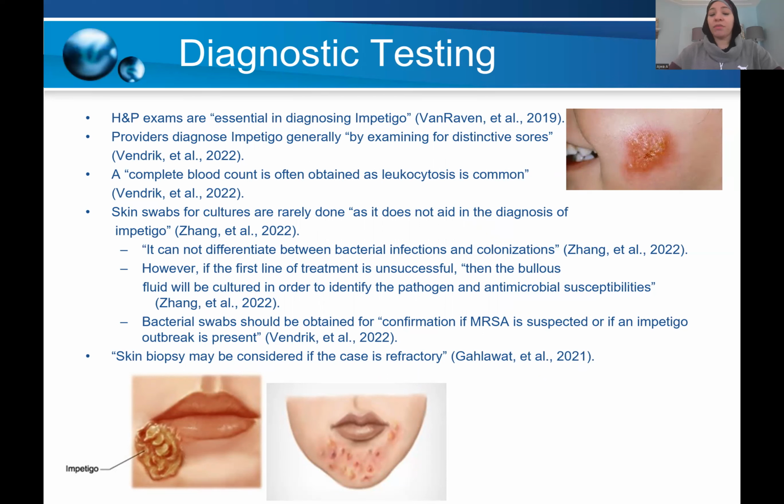However, if the first line of treatment is unsuccessful, then the bullous fluid will be cultured in order to identify the pathogens and antimicrobial susceptibilities. Bacterial swabs should be obtained for confirmation of MRSA if MRSA is suspected in the outbreak of impetigo. Skin biopsy might be considered as well if the case is refractory.